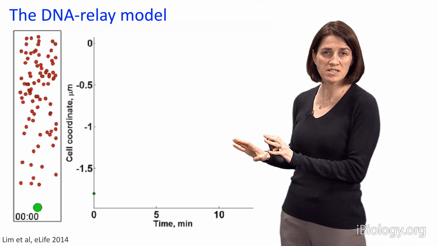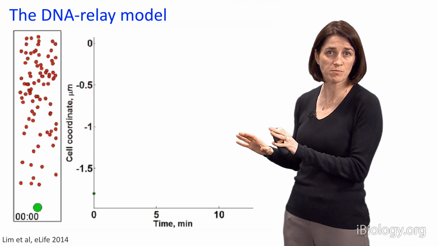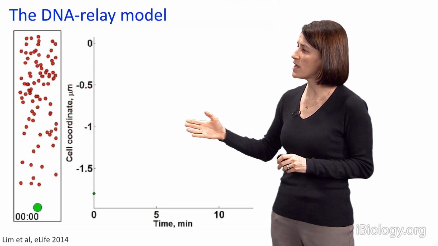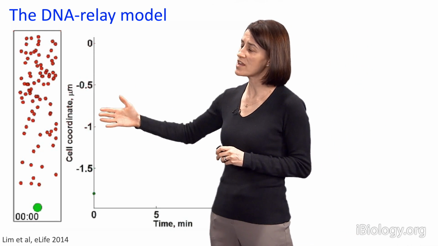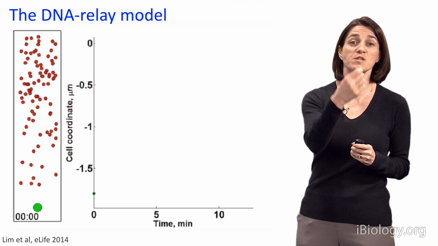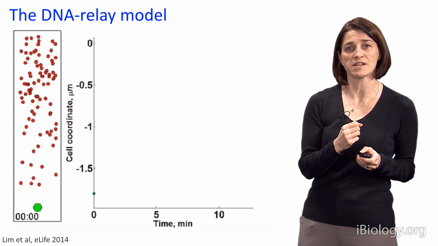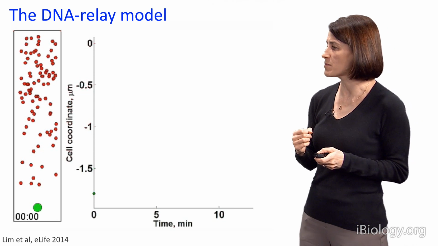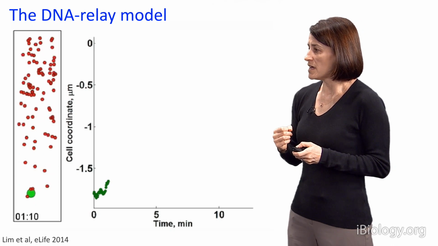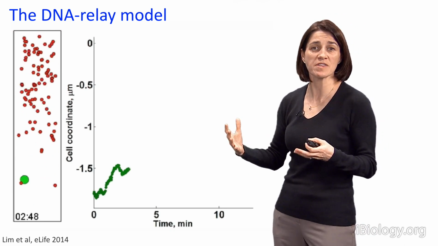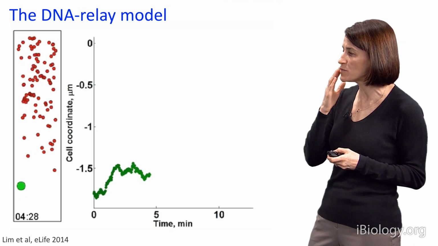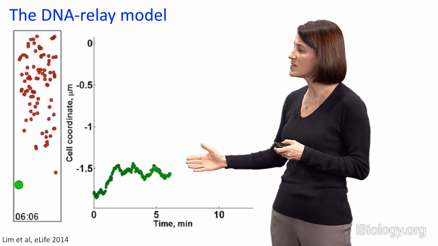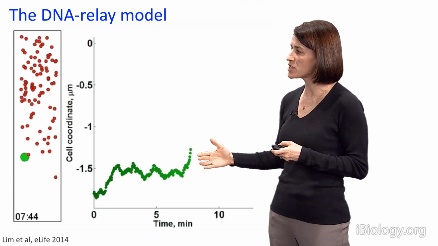So this is exactly the same model, same parameters, but the only difference is that now the ParA-ATP dimers, which are shown in red here, are going to wiggle around, displaying the DNA dynamics that we observe in the experiment. And so this is an example of a simulation. In the beginning, we see a slow translocation.